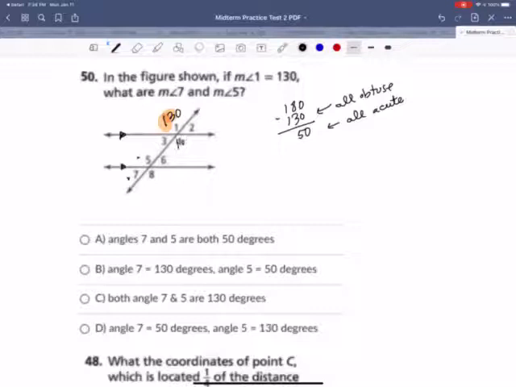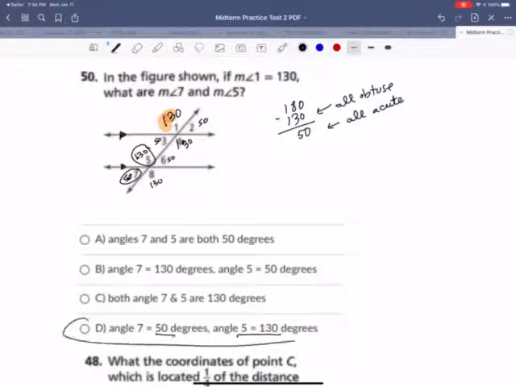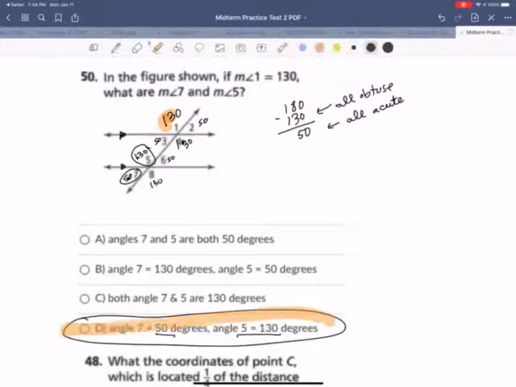All right, so this is 130, 130, 130. And all the acute are supplements, meaning they add up to 180 with the big ones, right? So 7, it looks like, is 50. And 5 is 130. 5 is 130. Okay, I like that. 7 is 50. I like it. That matches our answer.